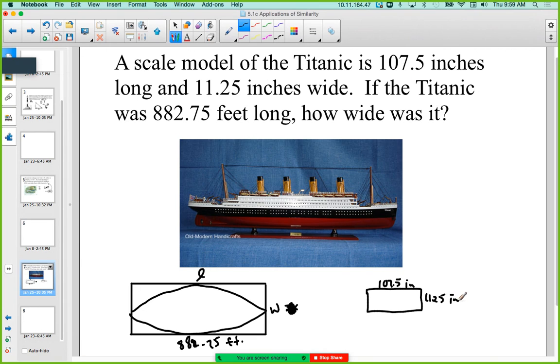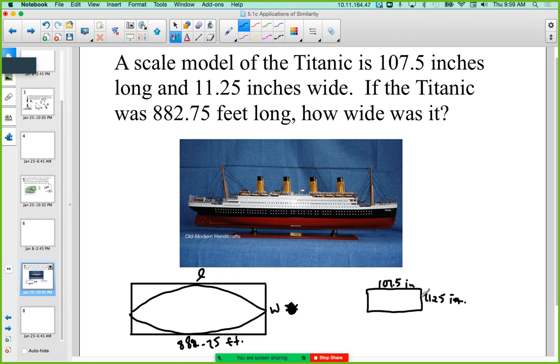okay. Now, where we have to be careful here, all right, is if I'm going to compare similar side lengths, okay, corresponding sides, I got to be careful because inches and feet aren't the exact same conversion, okay?